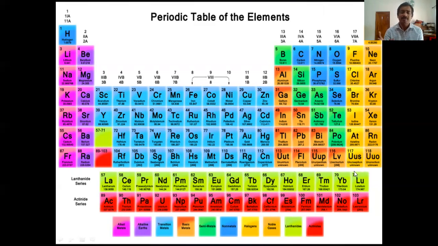Or how these symbols are given to these elements? So there are certain rules to name an element immediately after its discovery. Before giving a permanent name to the element, we will give a temporary name to the element based on its atomic number. That we can see. How can you name a newly discovered element? Elements after 100.